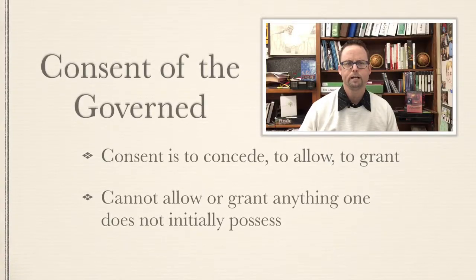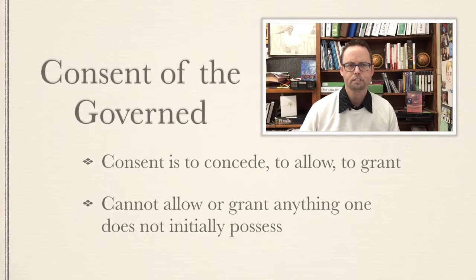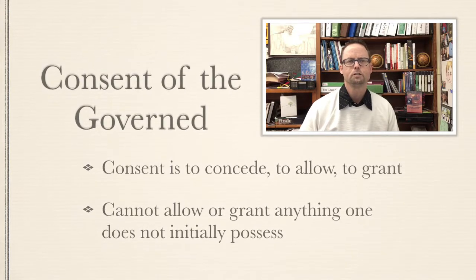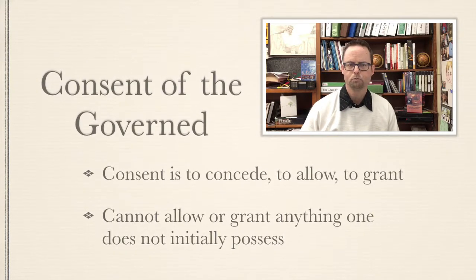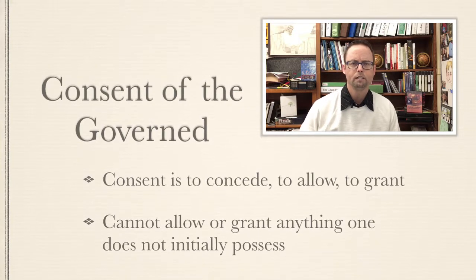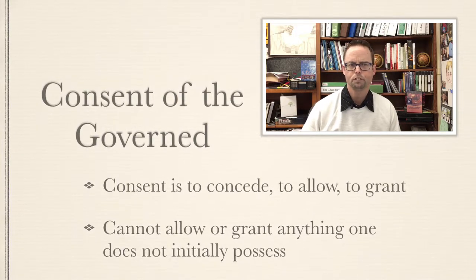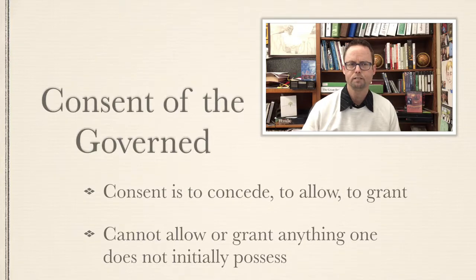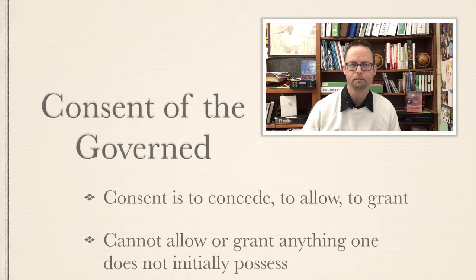Next, let's elaborate on what was meant by the phrase, consent of the governed. To consent is to concede, to allow, to grant. One cannot allow or grant someone the authority to do something unless they themselves, as individuals, already possess that authority.